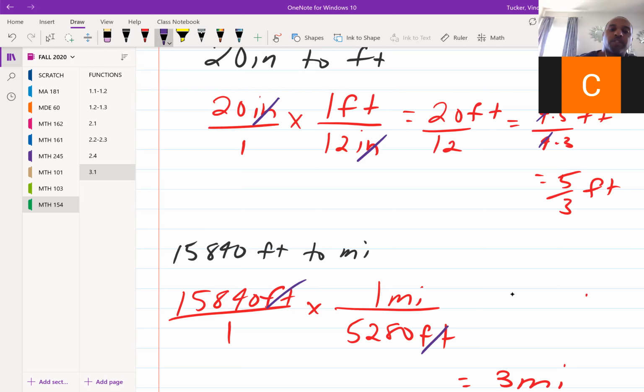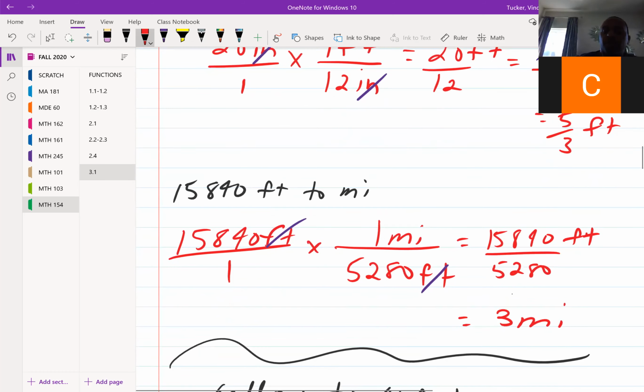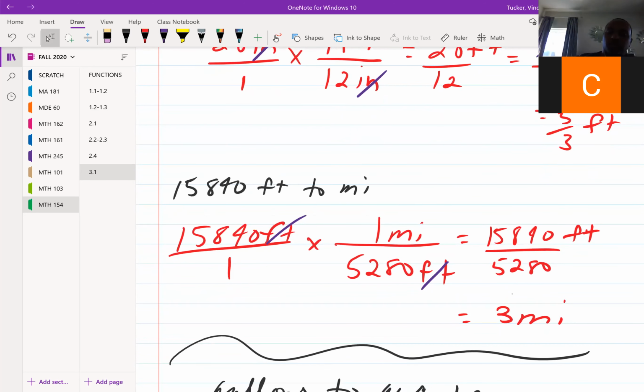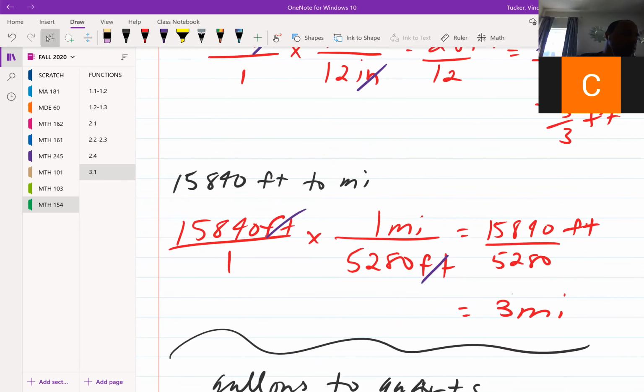My feet get to cancel, and I have 15,840 over 5,280. Divide those and we're left with 3 miles. Questions? Any questions?